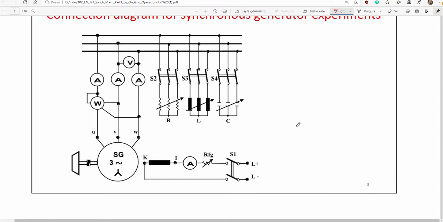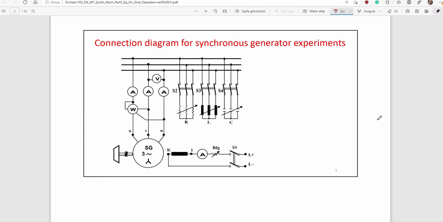That is the general connection diagram for conducting experiments. For example, you apply some mechanical power in terms of torque and angular speed, which is synchronous speed always, and then you can have some measuring instruments for the required parameters. Here are adjustable load banks.